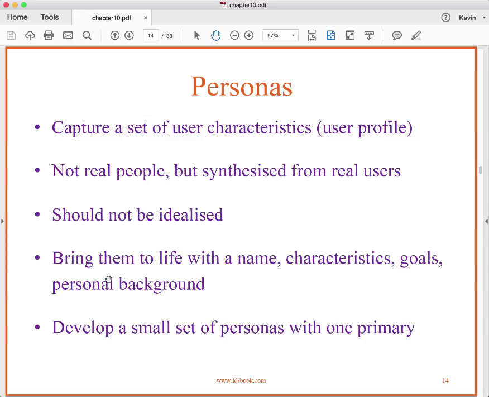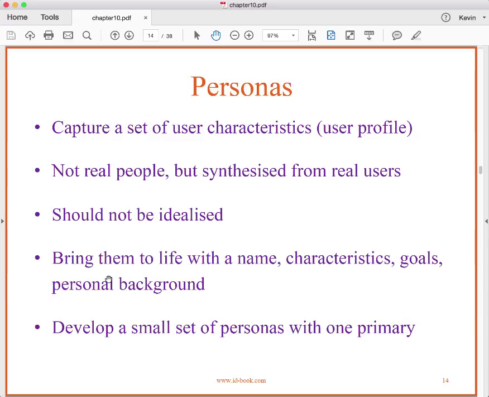And of course, as we trade off decisions along the design way, having the personas to go back to gives us a structure to hang our decisions on.